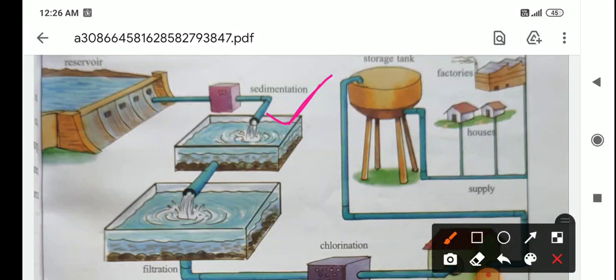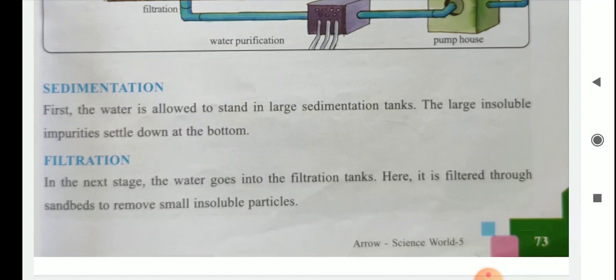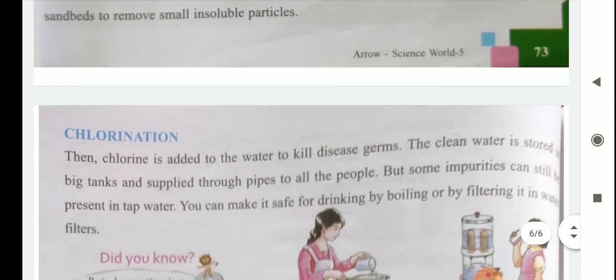Then the next process is filtration. In the next stage, the water goes into a filtration tank. Here it is filtered through sand beds to remove small insoluble particles.